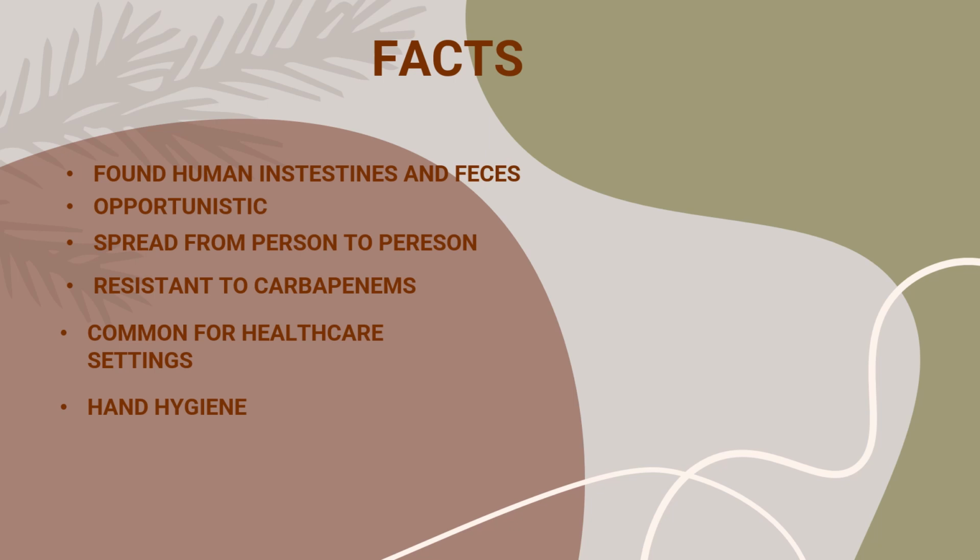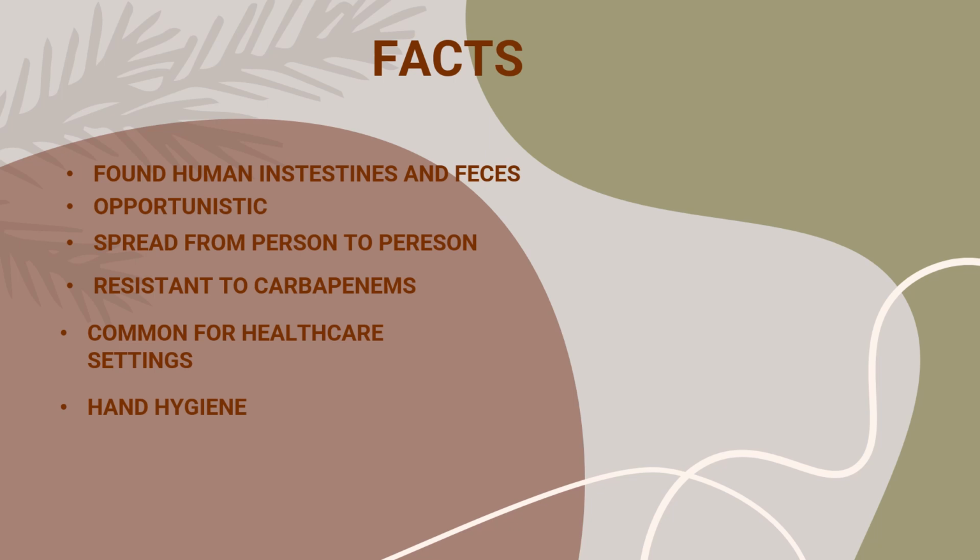Anybody who has a weakened immune system already from another illness is more likely to contract it more so than a healthy person. So that's why hand hygiene is especially important in healthcare settings.